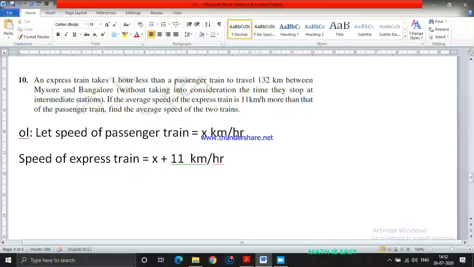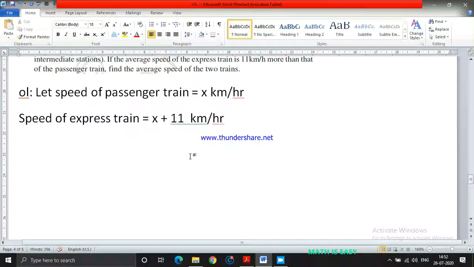Now both the trains are covering the same distance, 132 kilometers, and the express train should have taken 1 hour less than the passenger train. So I will use speed equals distance upon time.